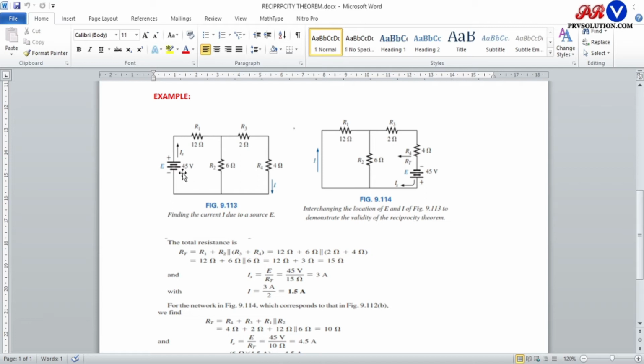If I put this source in this branch across the 4 ohm resistance, then the value of current in both cases must be the same. In other words, the response to excitation ratio of this network is equal to the response to excitation ratio of this network.